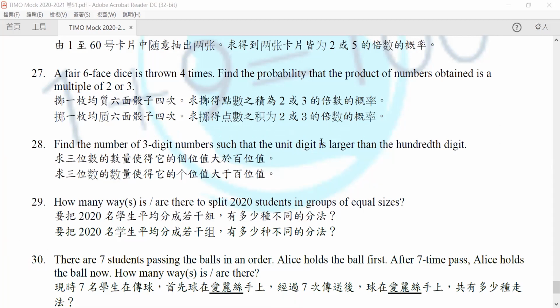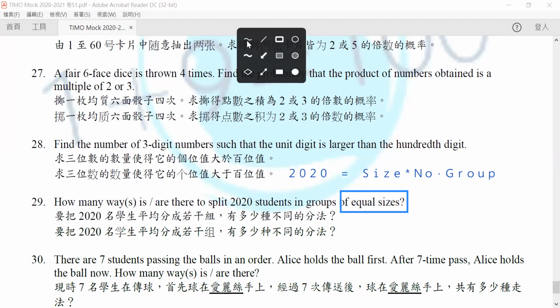Now, at last, question 29. How many ways are there to split 2020 into equal groups? Because they are split into equal sizes, it means that 2020 must be equal to the size times its number of groups. But that means that the size is actually a factor of 2020.